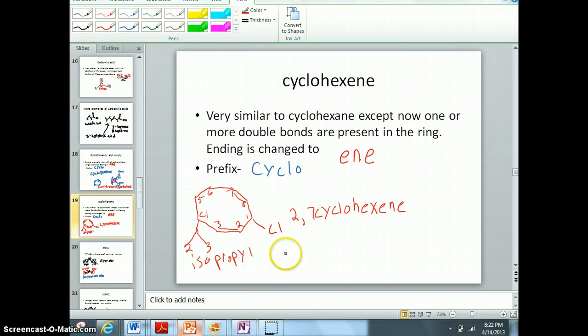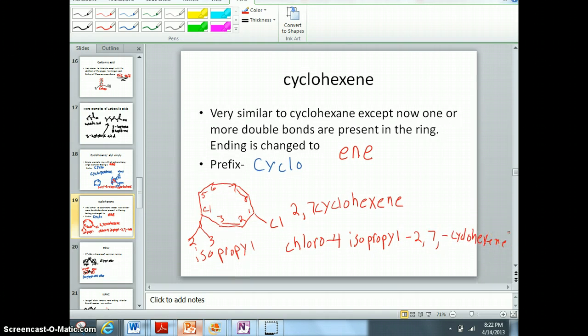We have chloro, 4, isopropyl, 2, 7, cyclohexene. Ran off the page. Alright, those names get long.